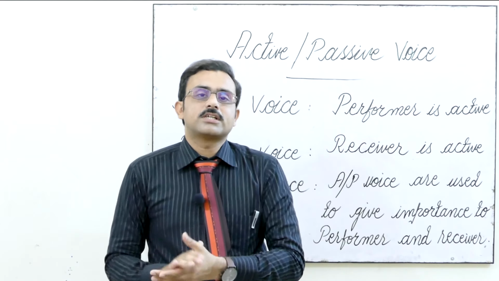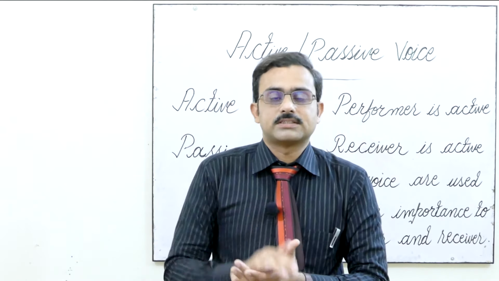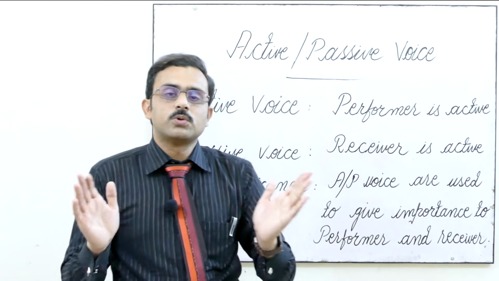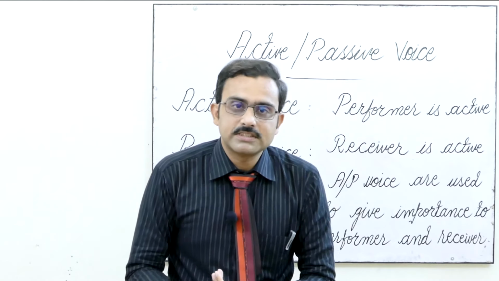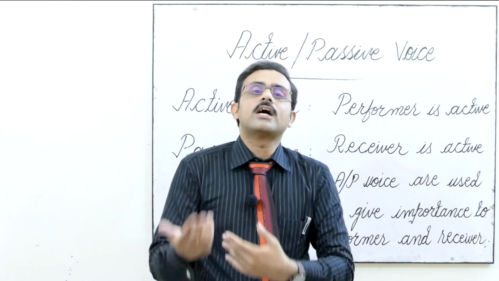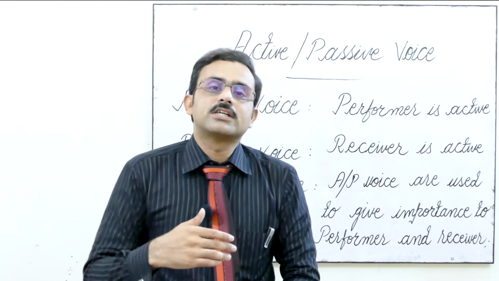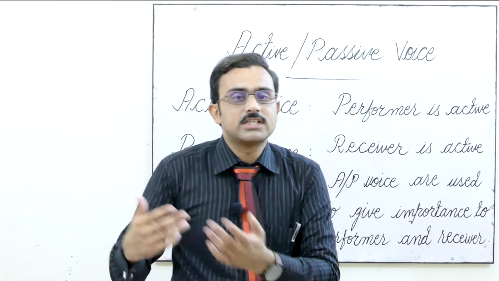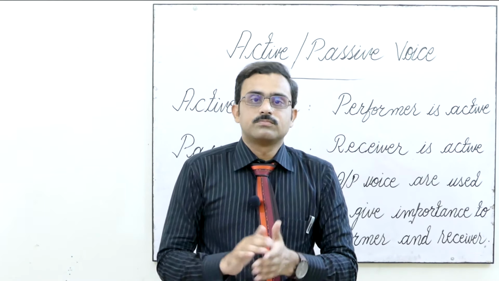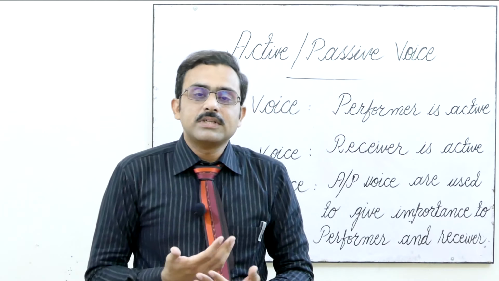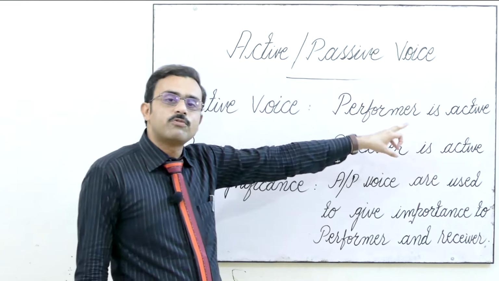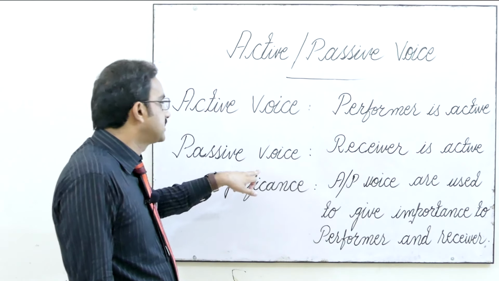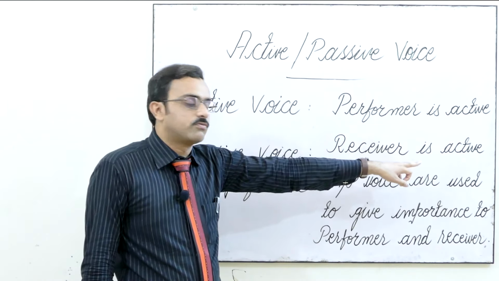So the object is in active form in passive sentences. So shortly I would say again, in active sentences the performer is in active form, and in passive sentences the object, means the receiver, is in active form. Object means receiver. Got that? Active voice, the performer is in active form. Passive voice, the receiver is in active form.